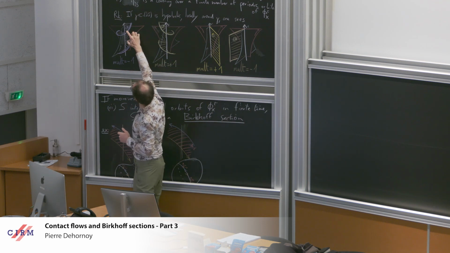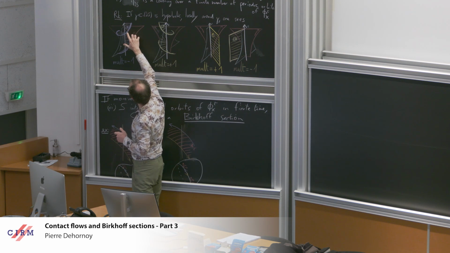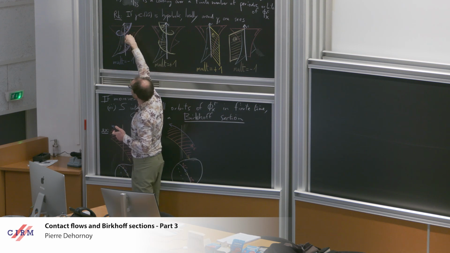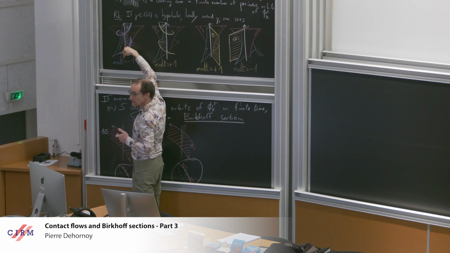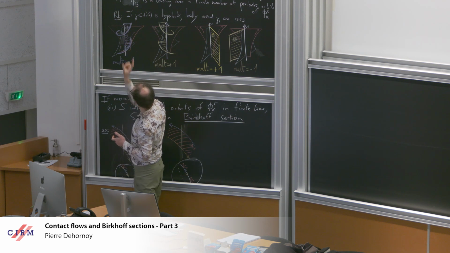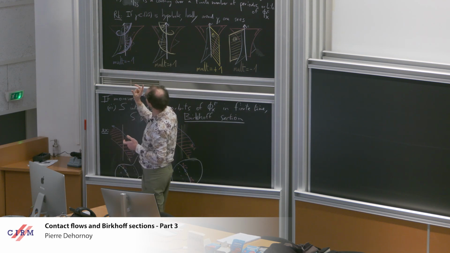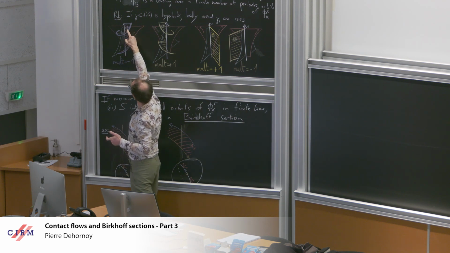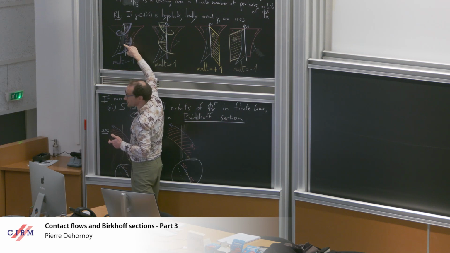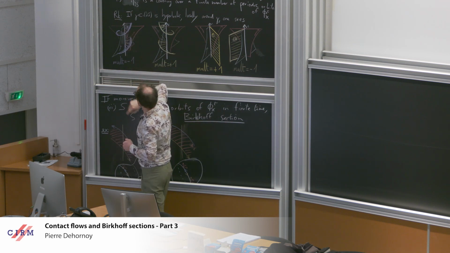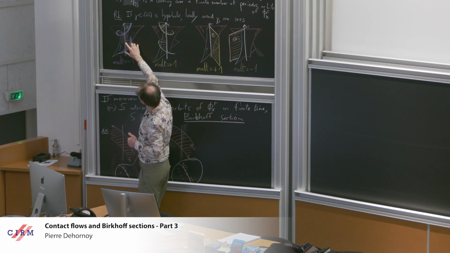If you look carefully on this picture, the induced orientation on the boundary actually goes to the bottom. The orientation with the screwdriver rule is rotating like this, so the boundary is going downwards. That's why I would say that this is a negative boundary component.